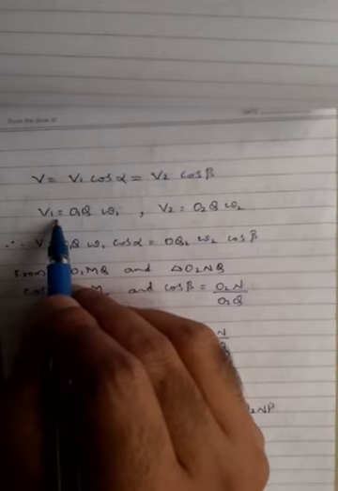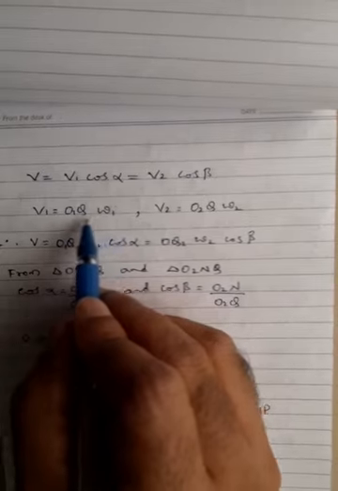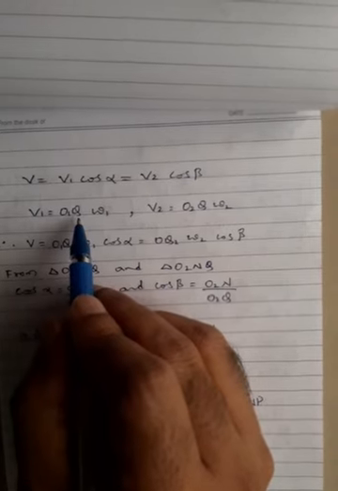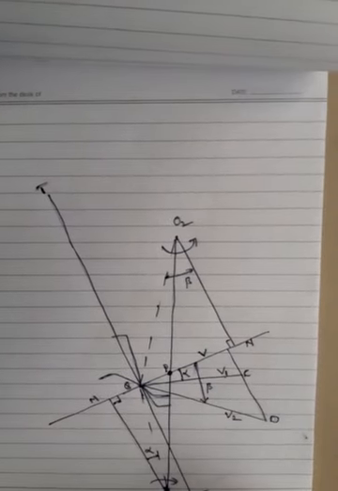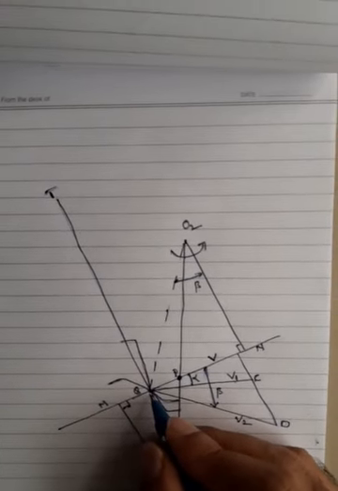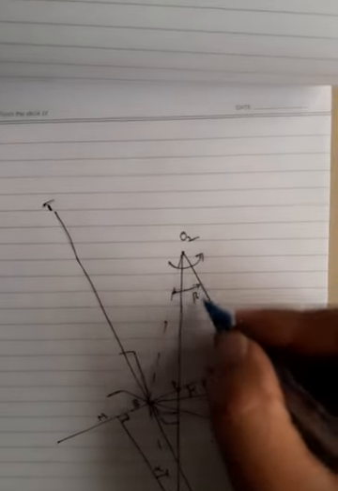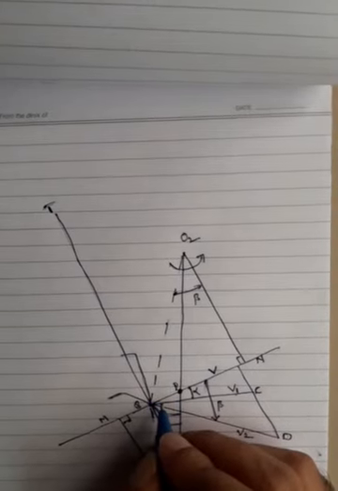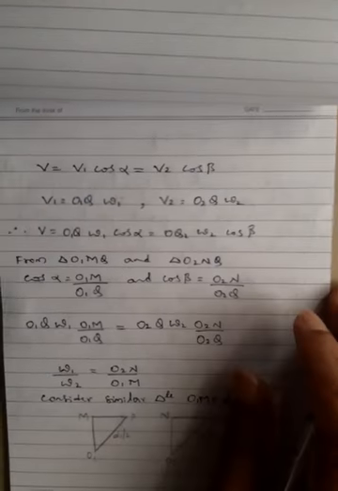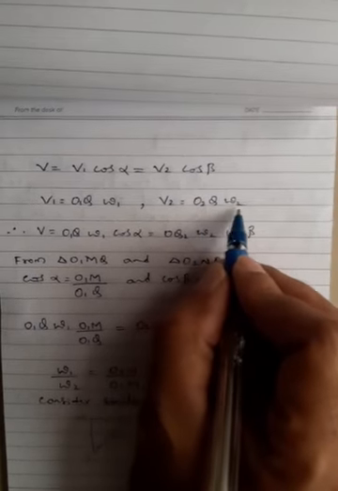V1 is the radius into angular velocity. The radius is nothing but O1Q, which you can see in the figure. Similarly, for velocity V2, we have O2Q as the radius and the angular velocity is omega 2. So V2 is equal to O2Q into omega 2.